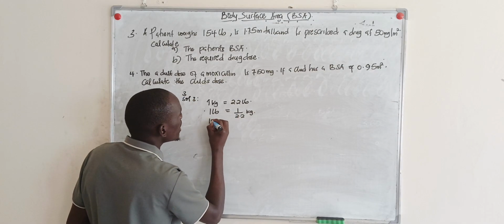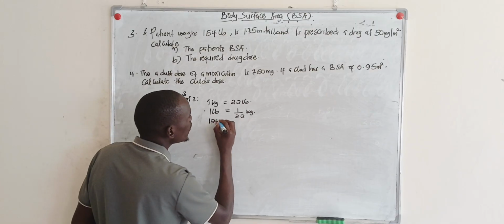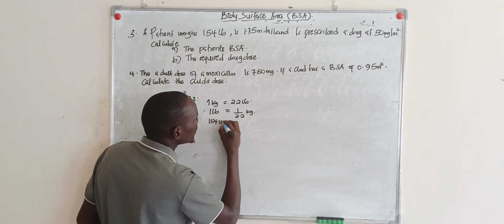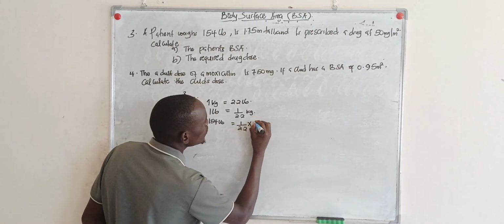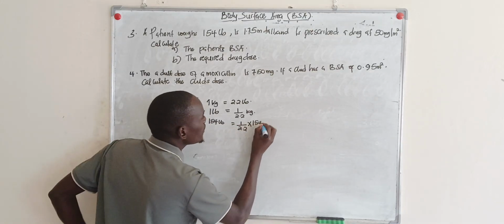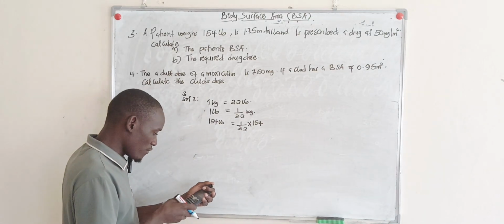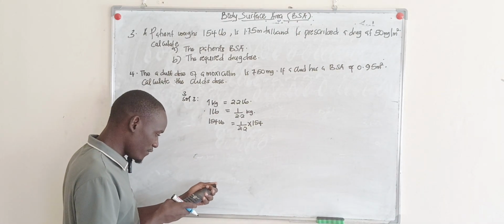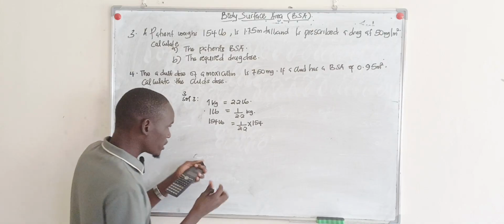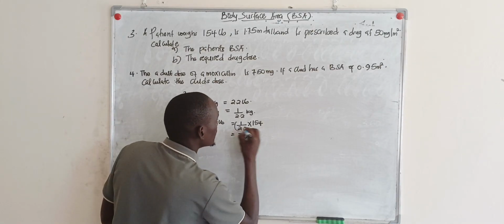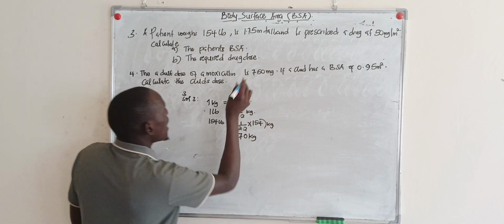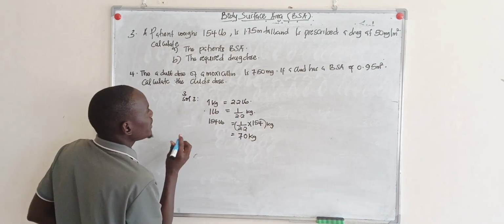How about the 154 pounds? It will be equal to 1 out of 2.2 times 154. And when we compute that, 154 divided by 2.2, we shall get 70 kilograms. How about the height?